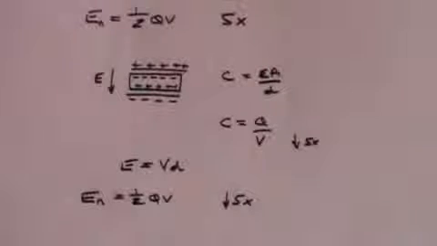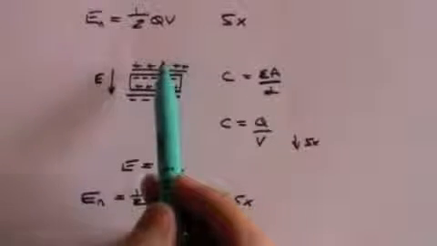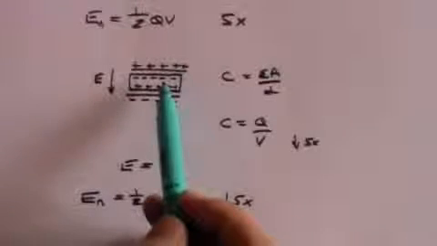But here's the question, and I think this is probably what the questioner was getting at. Where has that energy gone? And the answer is that that lost energy has gone into an electrostatic force between the capacitor and the dielectric.